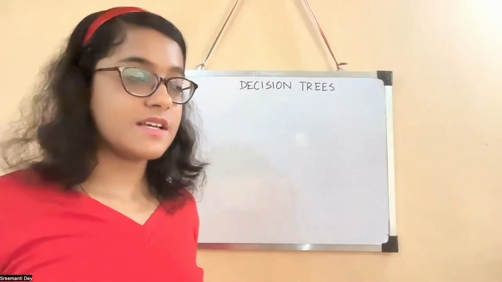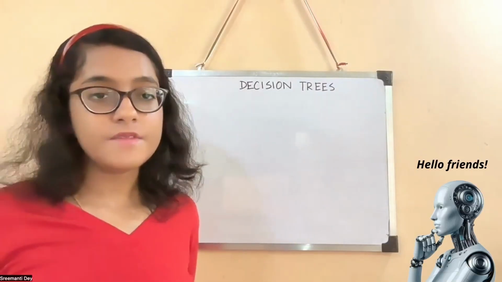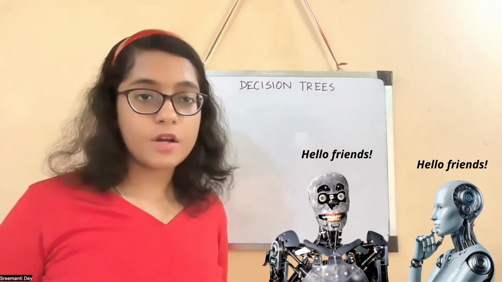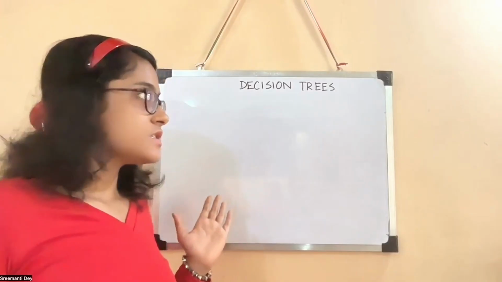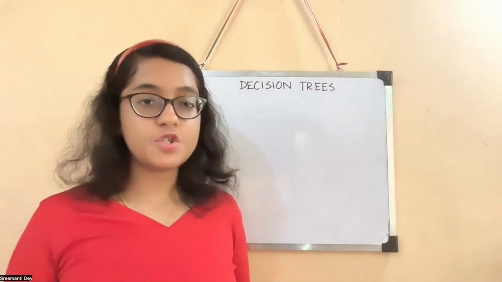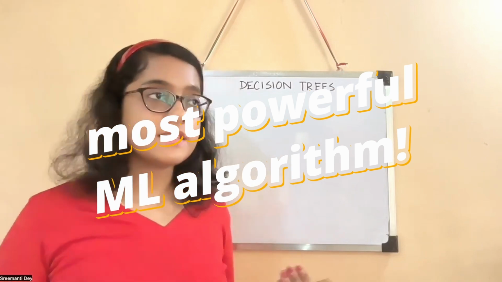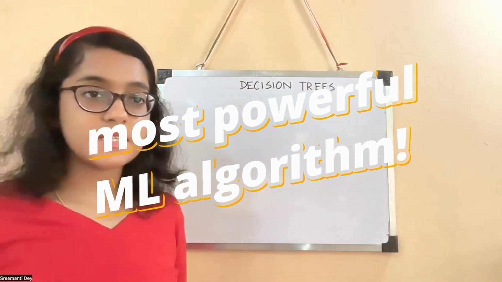Okay, so we are going to discuss an extremely important ML algorithm, which is decision trees. The name itself suggests the kind of algorithm and the kind of data set that we are going to deal with here. The decision tree is arguably the most powerful ML algorithm out there that can fit a complex data set.